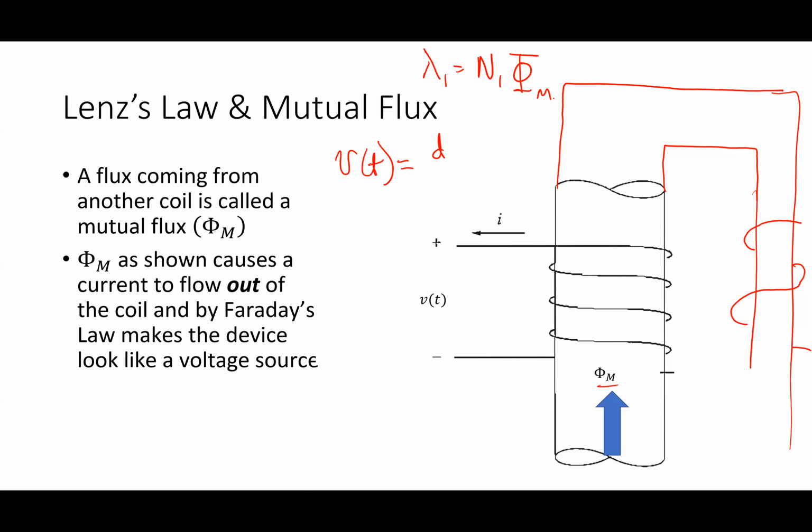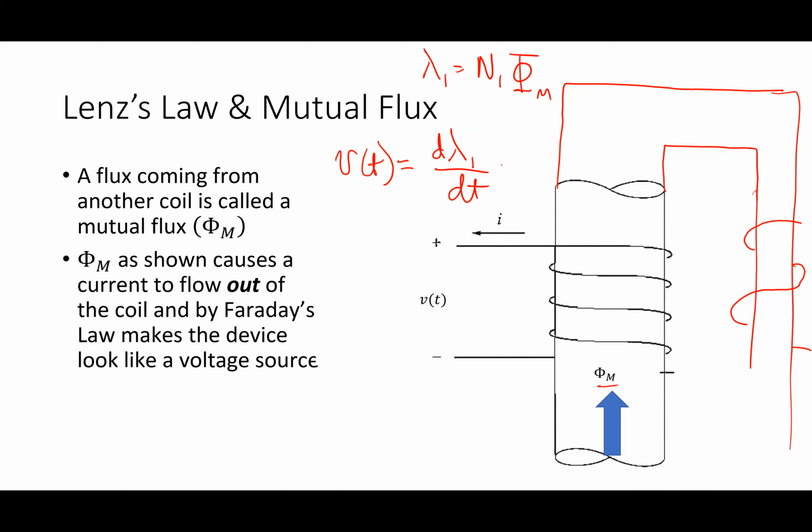Phi m goes through each one of the coils, so N1 times phi m is the flux linking the whole thing. If I write it the way I did right here, there's no minus sign. It's d lambda 1 by dt.